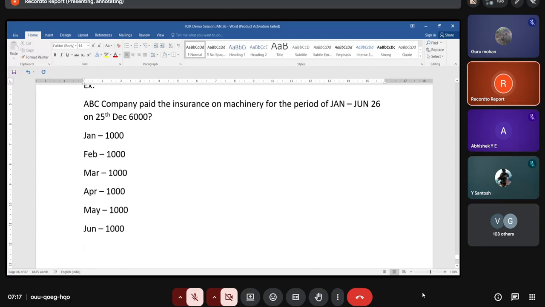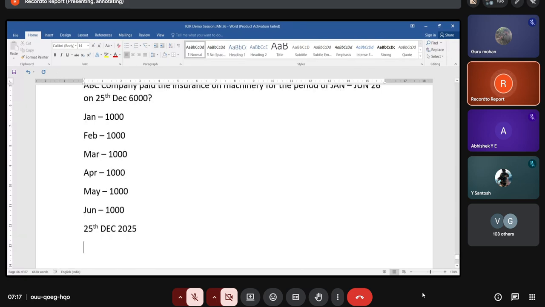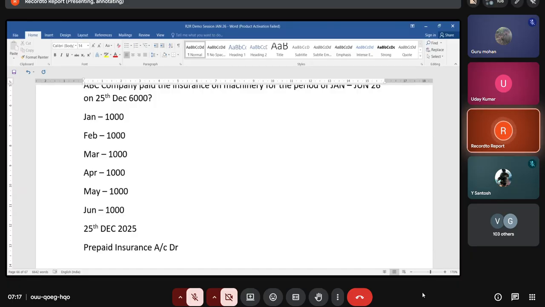See, while paying the advance on 25th of December 2025, what is the entry we need to record? We are paying the advance, which is insurance. So prepaid insurance is a current asset, and it will show on the asset side in the books of accounts.